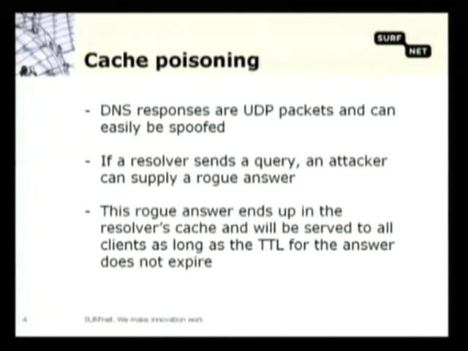So I can be a rogue responder, and I can just send lots of spoofed UDP packets to a DNS resolver. And if I'm quick enough, if I give him what seems to be the correct answer before the real answer arrives, then that spoofed answer will end up in its cache, and it will end up being served out to all its end users, which, if you are a large ISP, can be quite a number of users, as Bert Hubert told us yesterday.